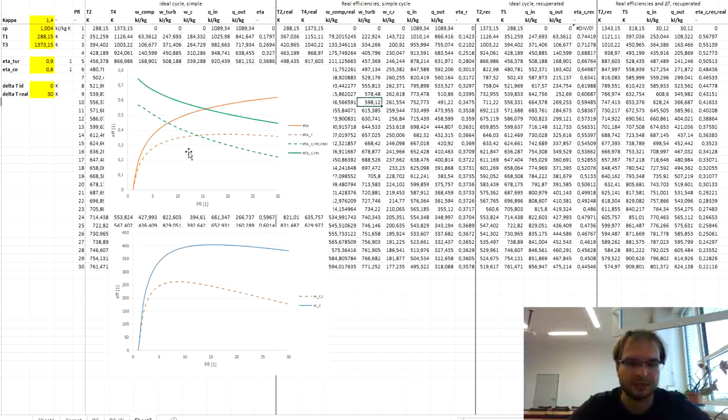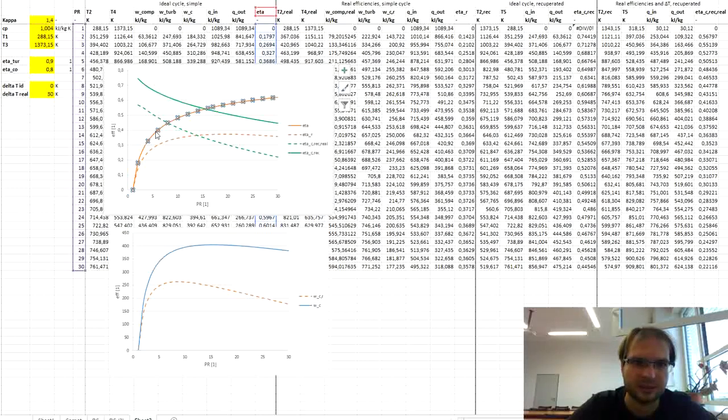Now for the efficiency of the 4 variations of the cycles that we calculated, we have here the efficiency of the ideal simple cycle, which increases over the whole range of the pressure ratios. Then the efficiency of the cycle with actual efficiencies of the components has the maximum around pressure ratio of somewhere, let's say 24, 25.